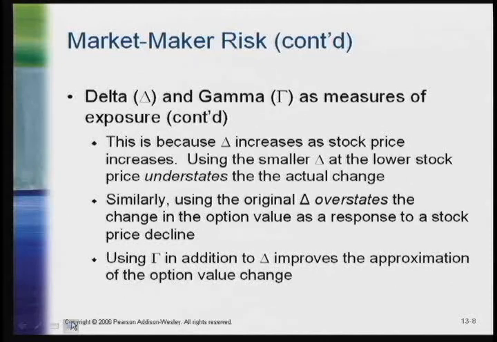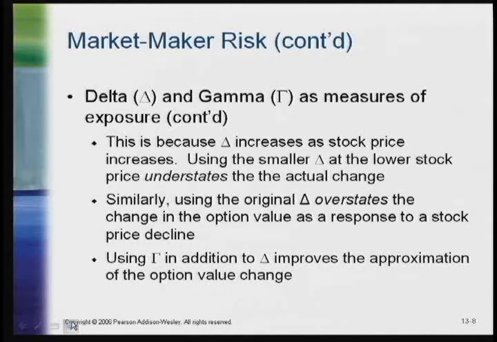So if we're trying to estimate what happens to the call price using the delta at a strike of 40, when stock prices go up, that delta is a little bit too small to estimate the call price change, because delta is increasing as the stock price goes up. Similarly, when the stock price goes down, the delta approximation overstates how much the call will drop, because as stock prices go down, the call delta will get smaller.